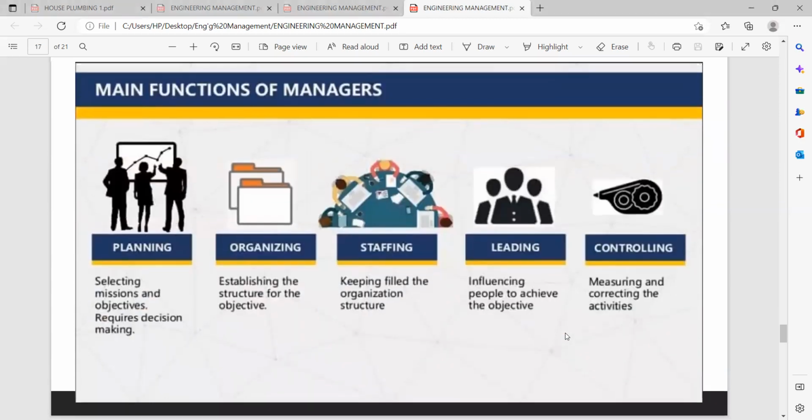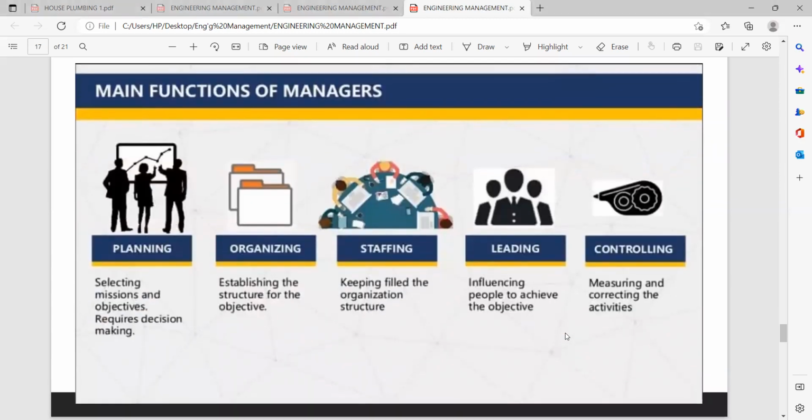So here are the main functions of a manager: planner, organizer, staffing of offices or yung mga personnel natin, leading, and controlling. For planning, it is selecting missions and objectives and requires decision making.